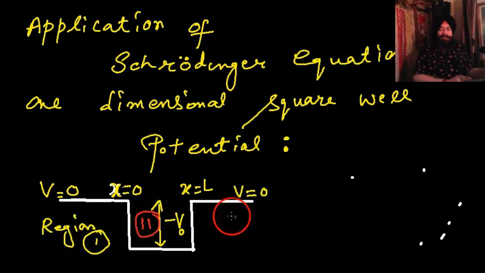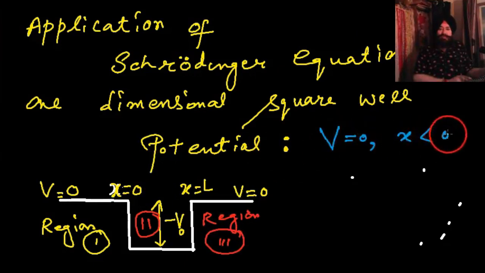I have divided this problem into three regions. Region 1 is here to the left side of this square well potential. Region 2 is itself the square well, and region 3 is to the right of the square well.